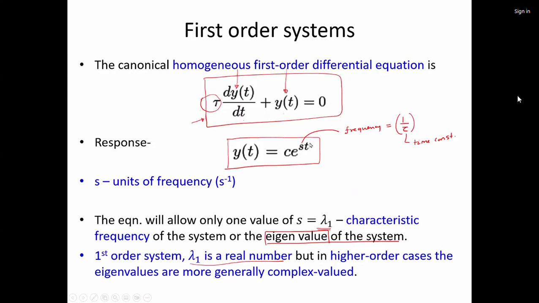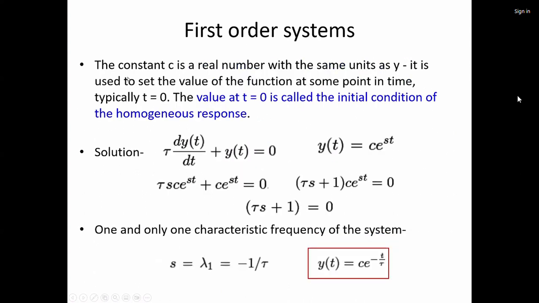Now when time is 0, this becomes 1, so your temperature will be equal to C. So this C will have the same unit as Y, just for dimensional consistency. That is why it says the constant C is a real number with the same units as y. It is used to set the value of the function at some point of time, typically at t equal to 0. So the value at t equal to 0 is called the initial condition of the response.